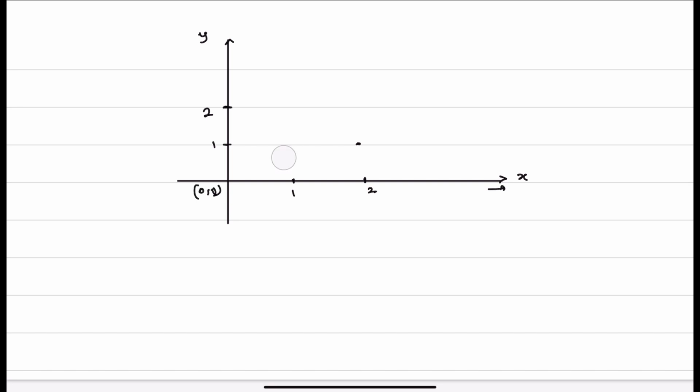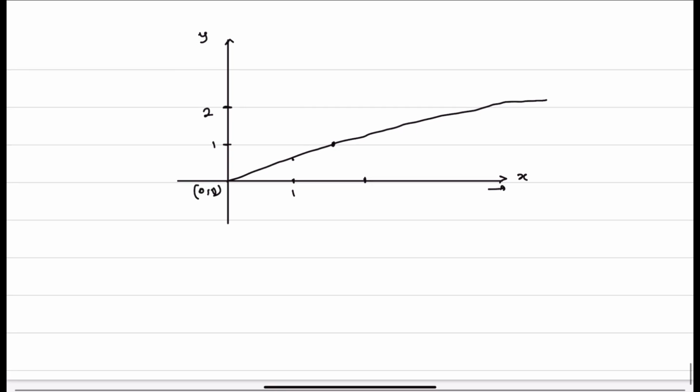It is not to scale, so we are getting difficulty in drawing the exact curve. The curve will go like this. Let us say this is the point 1, this is 2.